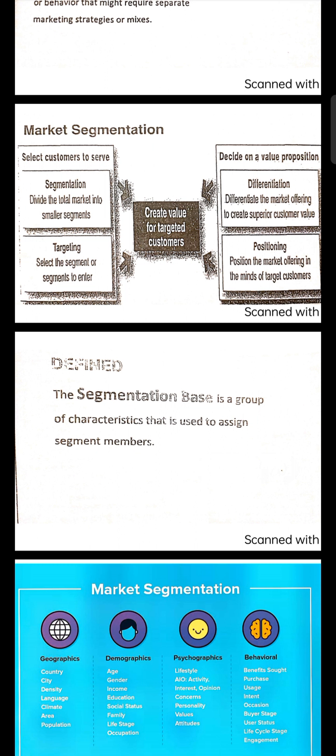Market segmentation firstly is to select customers to serve. So the first category is select customers to serve. Another category is decide on a value proposition. So what's the difference between them? Firstly, we discuss select customers to serve.